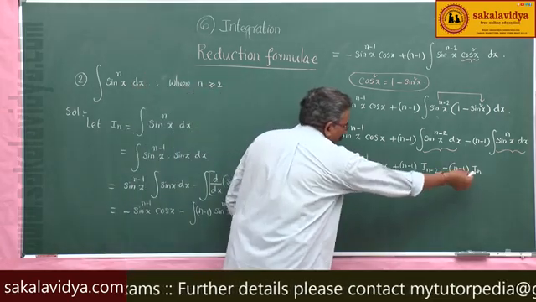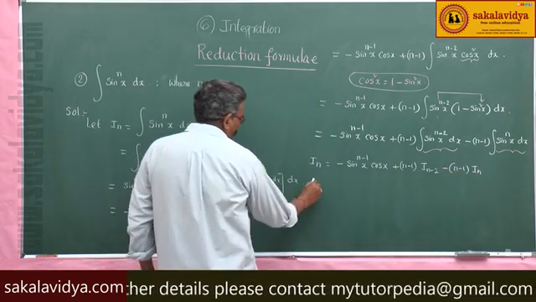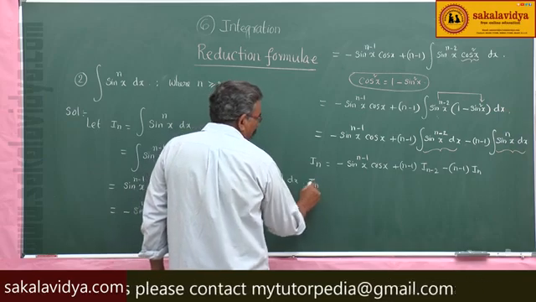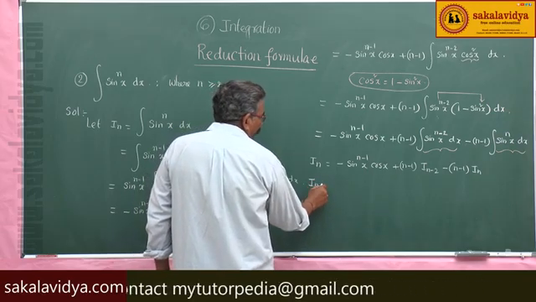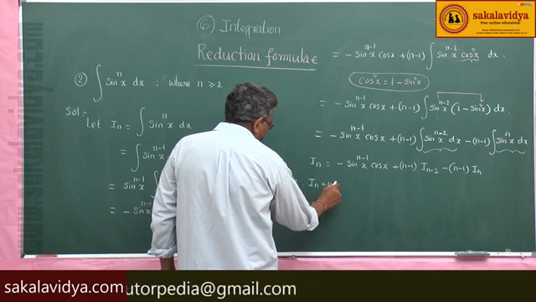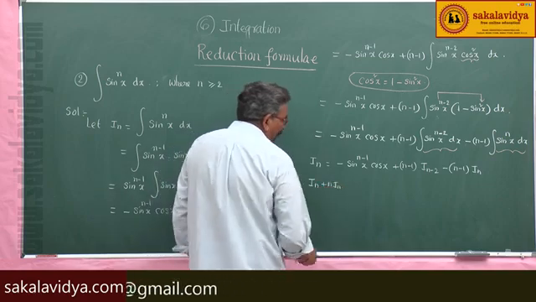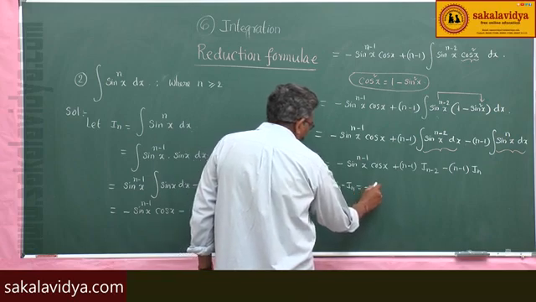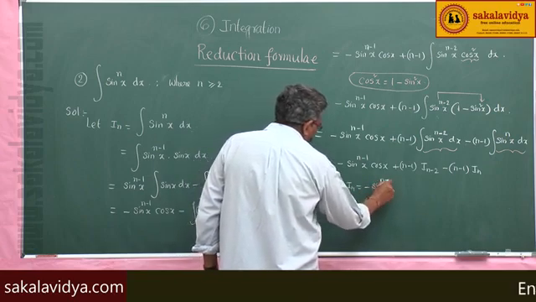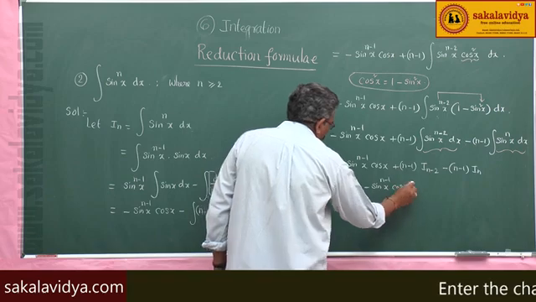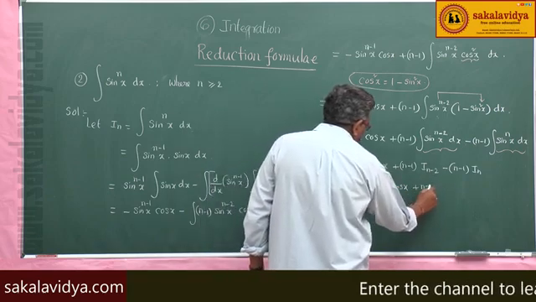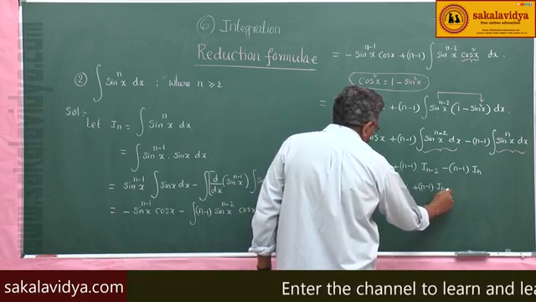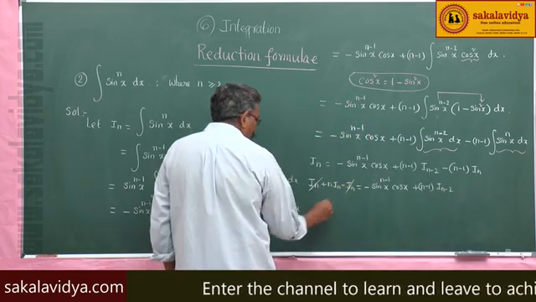Now, bring minus n minus 1 I_n to this side. So, I_n that becomes plus n I_n and minus I_n equals minus sin x to the power of n minus 1 cos x plus n minus 1 I_{n-2}. Here I_n cancel.